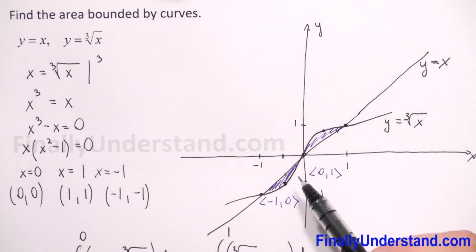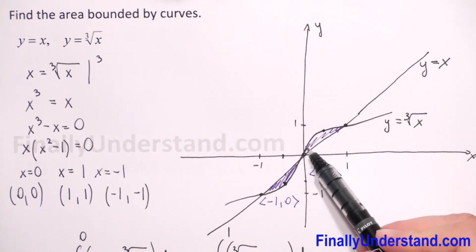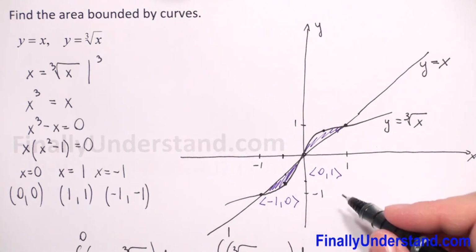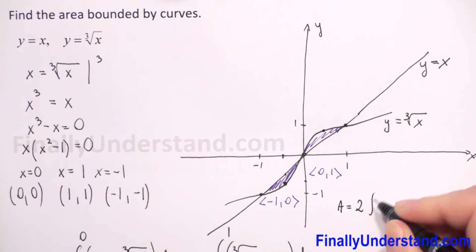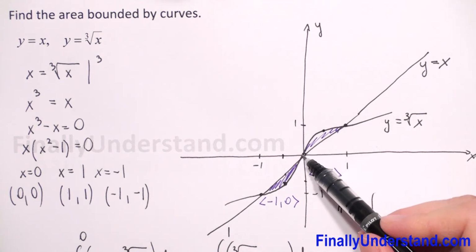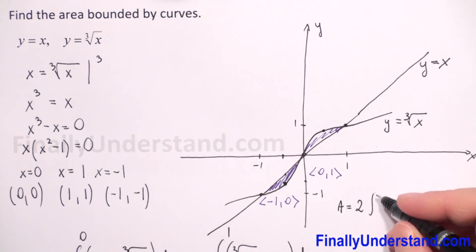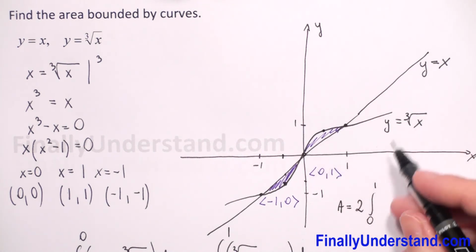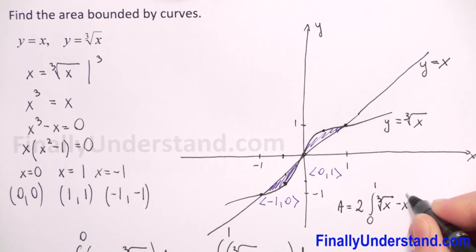This is my solution. This was one method. The second is because we have the same area here like above, so we can find this area by putting 2 times the integral, and we can choose from 0 to 1 or from negative 1 to 0. I can put from 0 to 1, and in this case the upper curve is the cube root of x minus x with respect to x.